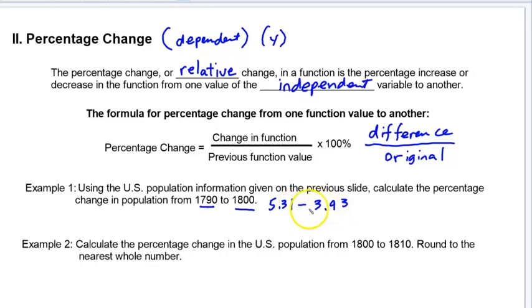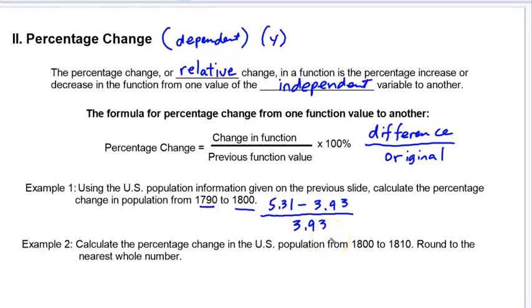But this is going to be growth, so I went ahead and set it up so that the bigger one is first. That's going to make sure I get a positive result. And then the original means the 1790. Okay, so we grew from here to here, but when I use the word original, I'm talking about the first one.